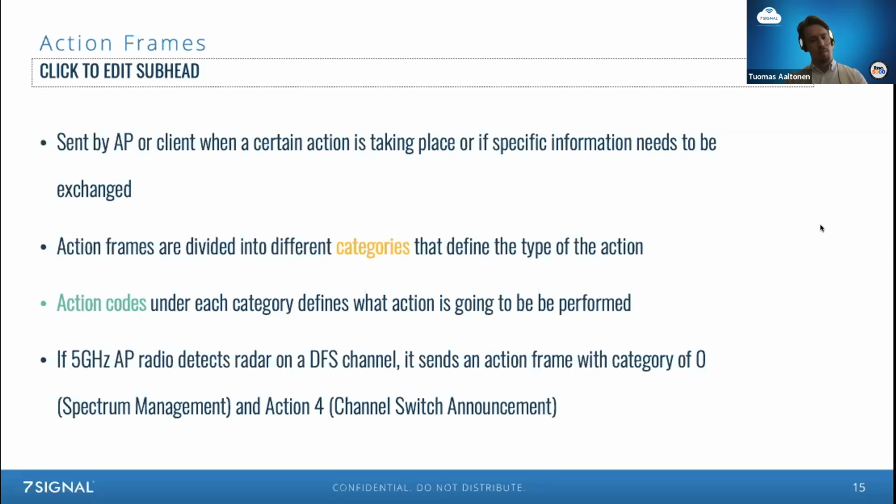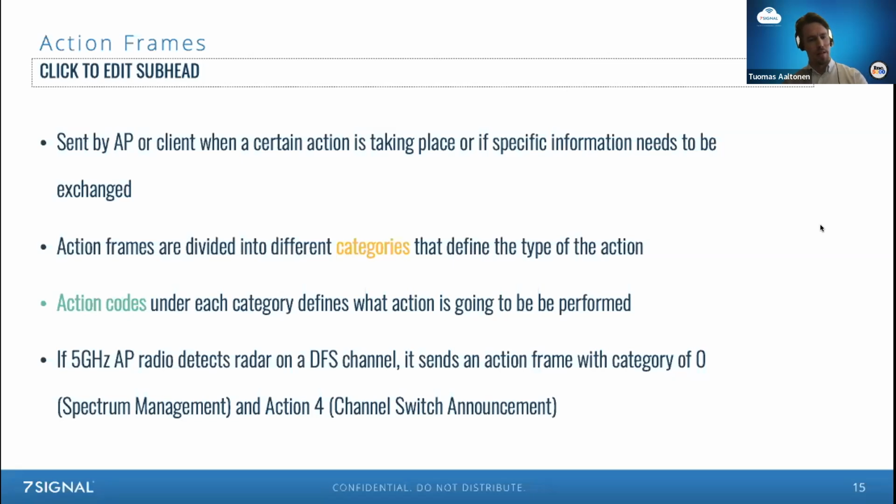So if the access point is about to do a certain action and wants to inform clients before doing that, it sends this action frame. And that could be, for example, if the access point is about to change a channel. So you can see a channel switch announcement, and that's an example of an action frame.